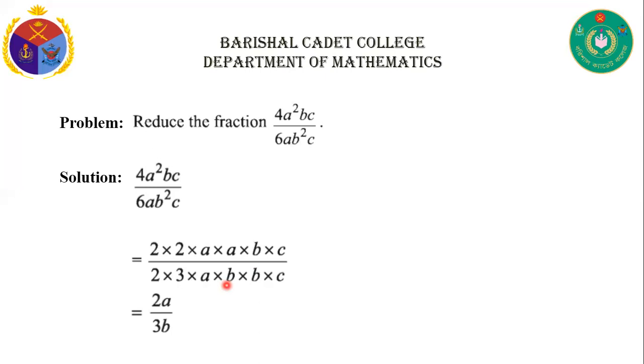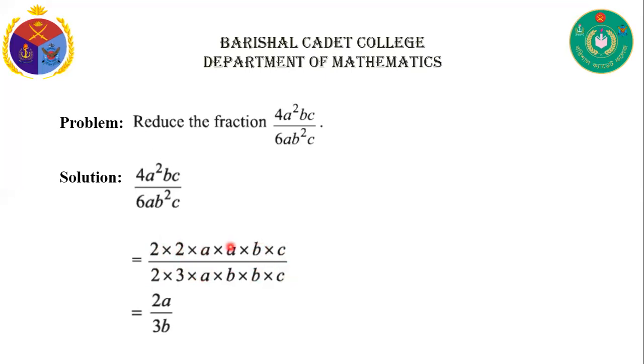So let's find out the common factors. We have 2 in the numerator and 2 in the denominator, so we can eliminate 2 from both numerator and denominator. Here 2 and 3, the factors are not the same. Here also we have a common, so we can eliminate this a. And we eliminate common b and common c.